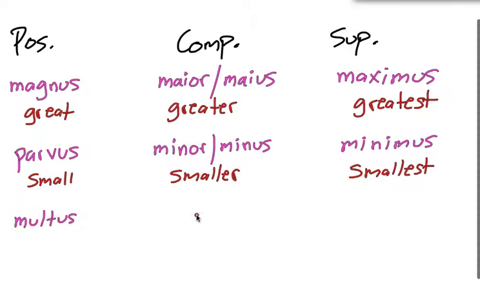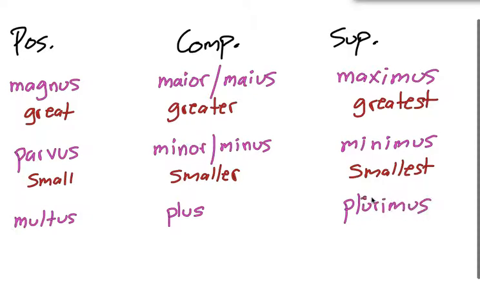Okay, so multus, which means much, then plus, which is really just, I mean, you could call it a comparative. It's really just a neuter noun, but it's substituted as the comparative for multus, and the superlative is plurimus.